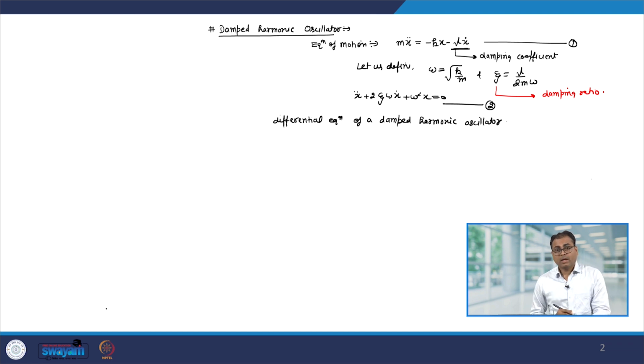Now, equation number 2 can be solved mathematically, and its general solution is x equal to a1 e to the power lambda 1 t plus a2 e to the power lambda 2 t, if lambda 1 and lambda 2 are different.